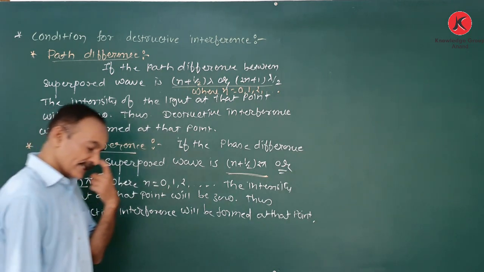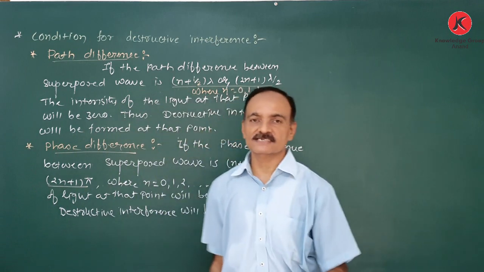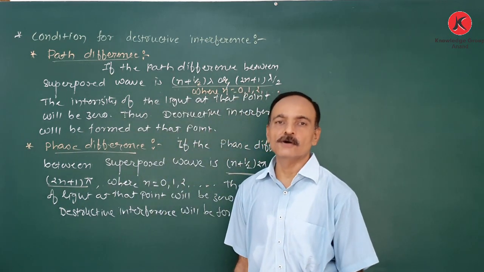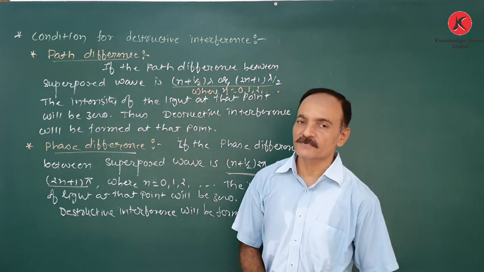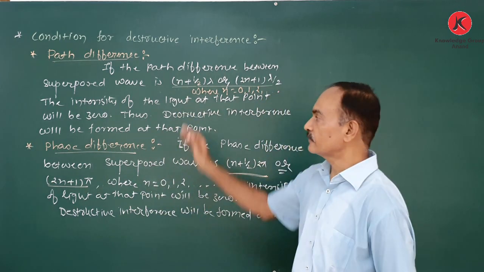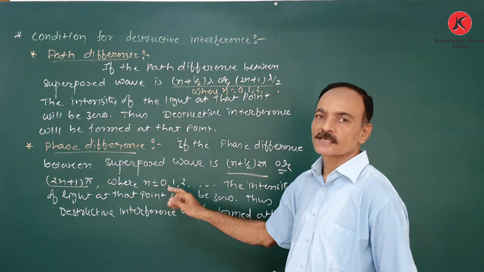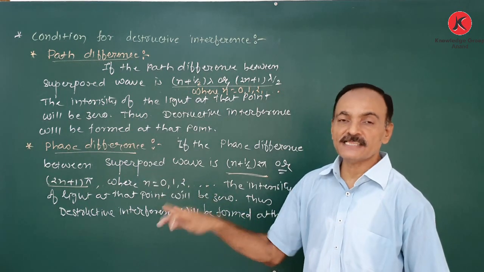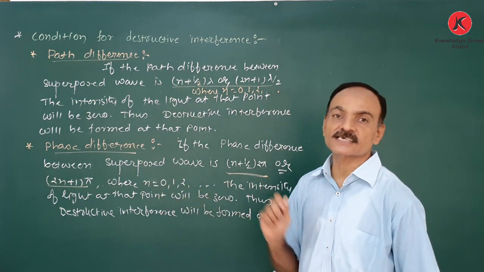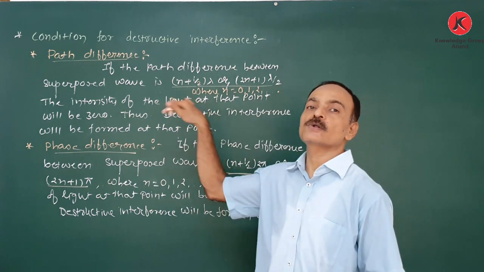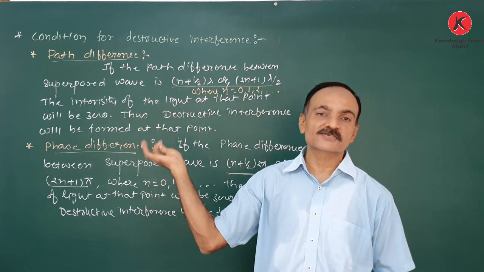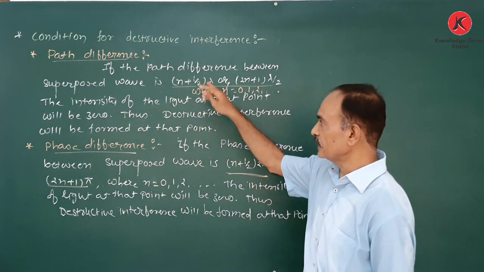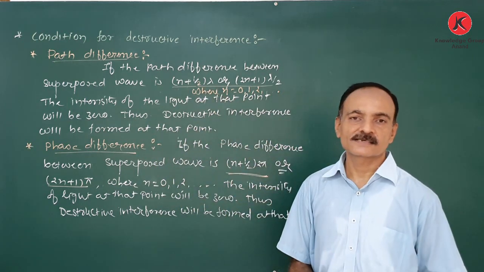Again I repeat, if in the exam a 2 marks question is asked on the condition for constructive and destructive interference in terms of path difference and phase difference, you only have to explain this. If the question asks to explain constructive and destructive interference, then you also have to explain with the example S1R, S2R. Otherwise, you only have to write down the condition. Clear this?